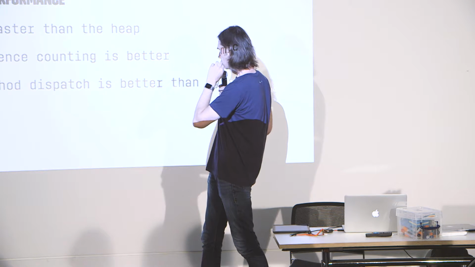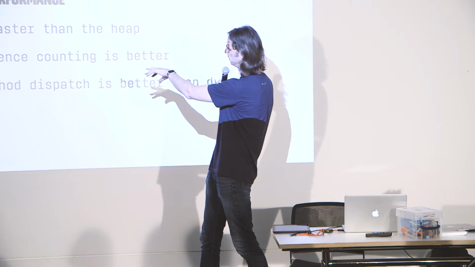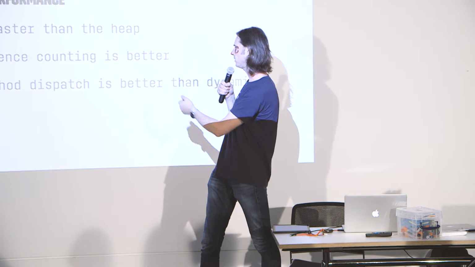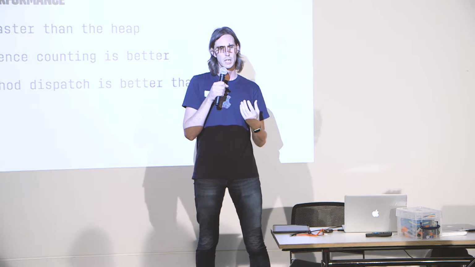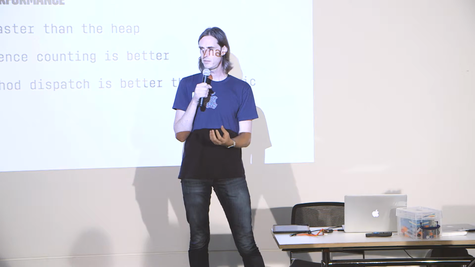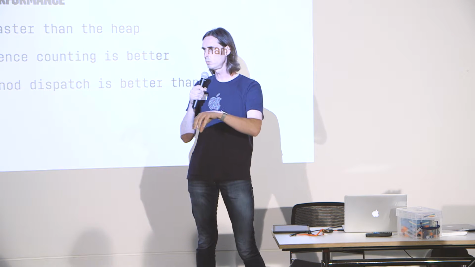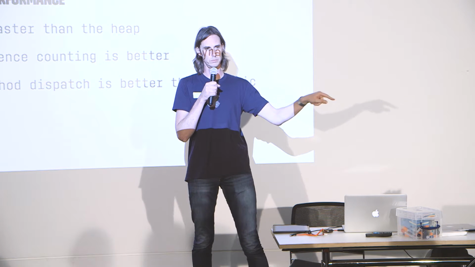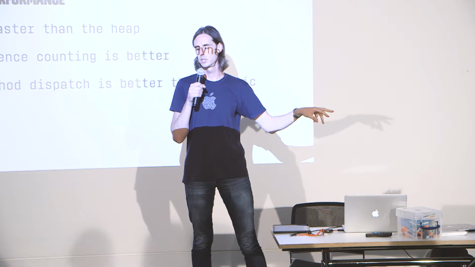And then again, we look at why value types are better. Static method dispatch, right? When you call a method internally and it's doing static dispatch, it knows exactly where to go. It points straight at that instruction.